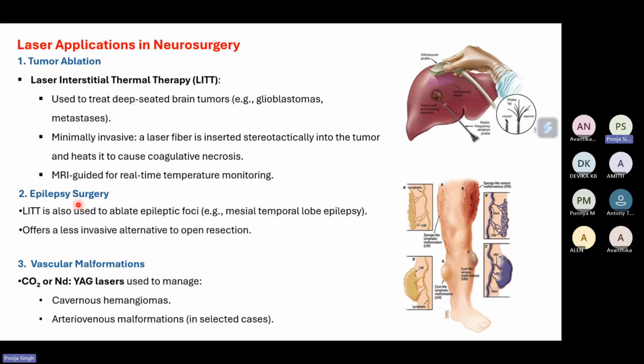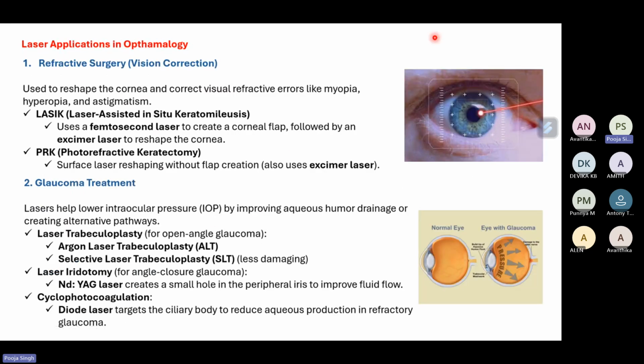Then epilepsy surgery, if some tissue has grown and causes disease spreading, in that case you can also use the laser, particularly the CO2 or neodymium YAG laser. So these are the applications where you can get treatment from the laser.